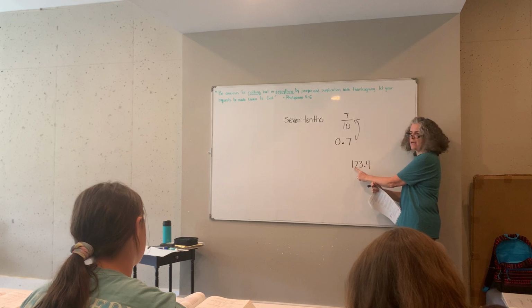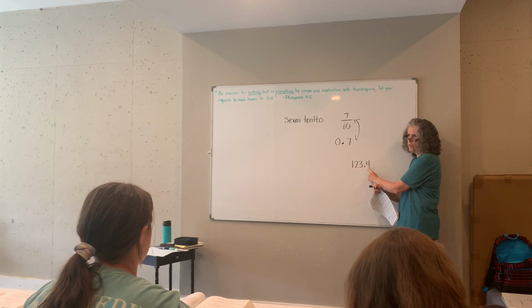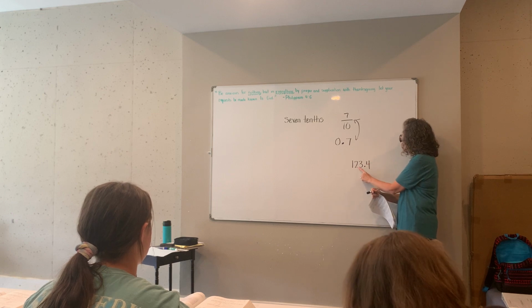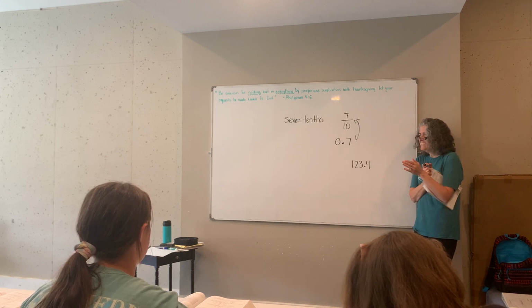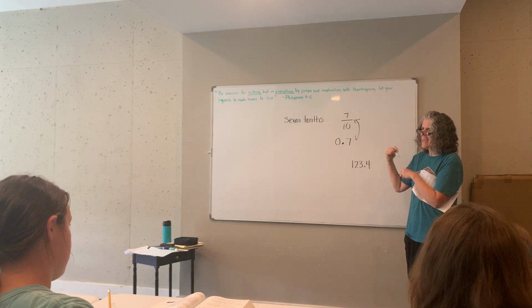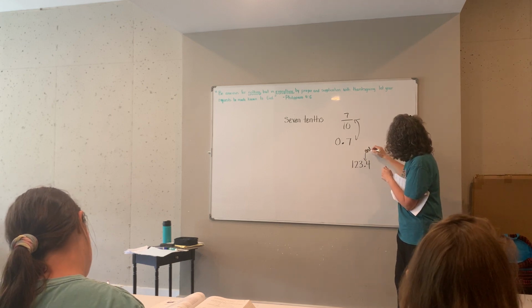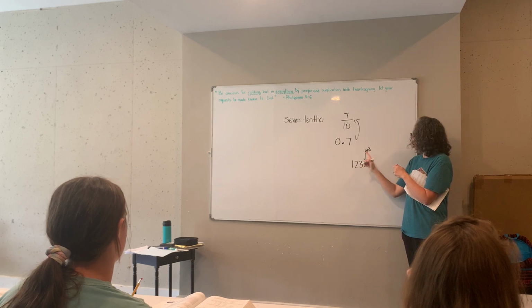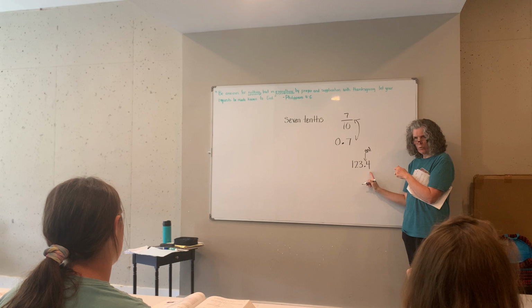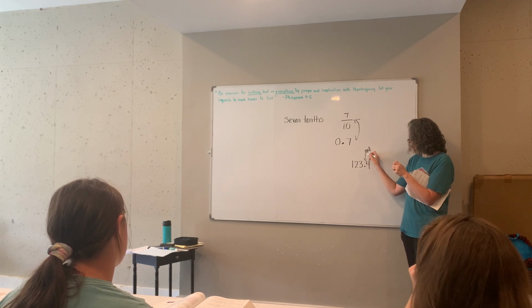A lot of people say 123 and 4/10, or they'll say 123.4. I get what they're saying, but technically, when are you supposed to say and? At the decimal. So you would say 123 and 4/10. That's one of the main things in this lesson.